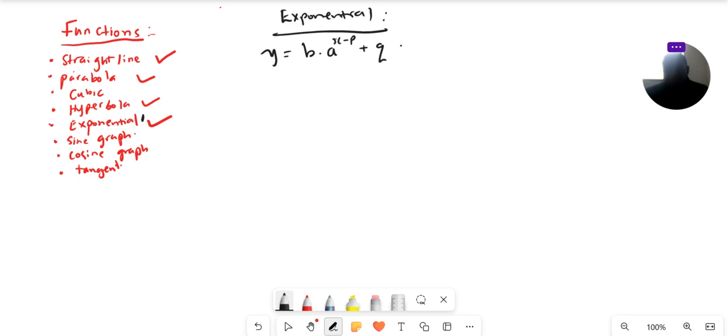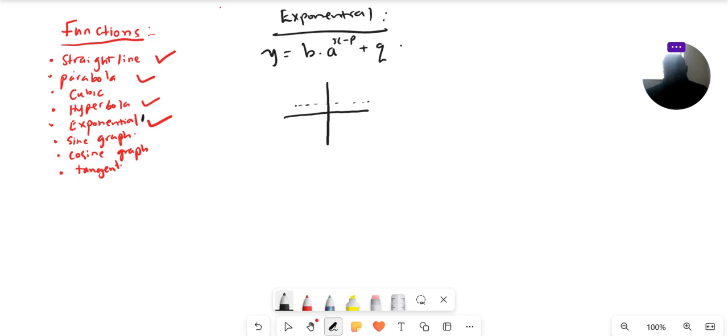Yes. An exponential function always has one asymptote, and that is the horizontal asymptote.